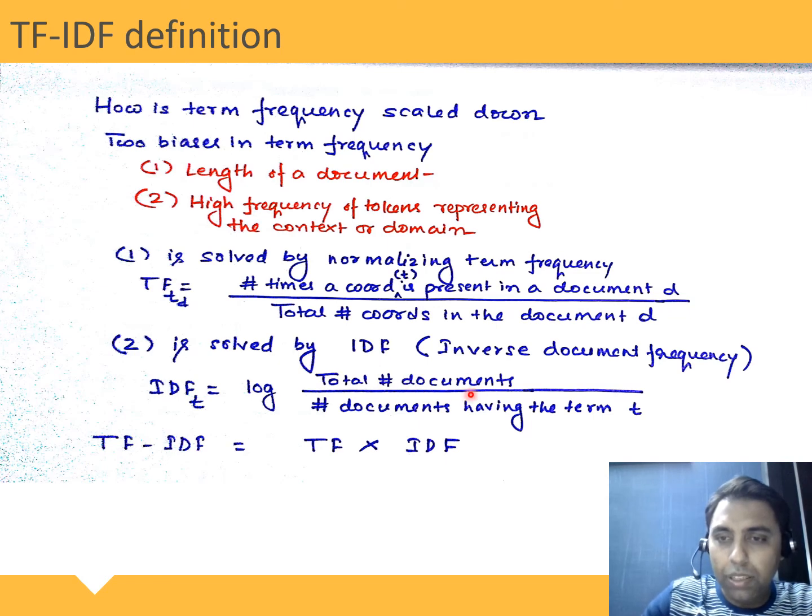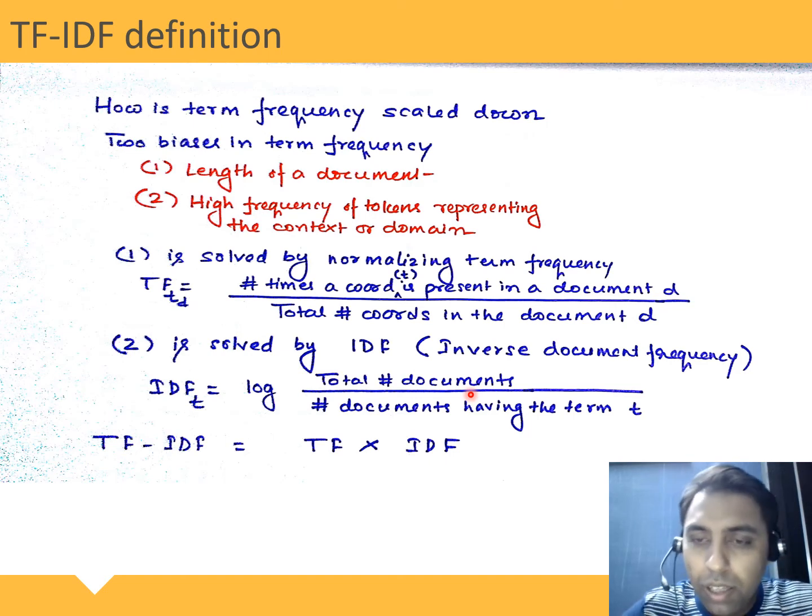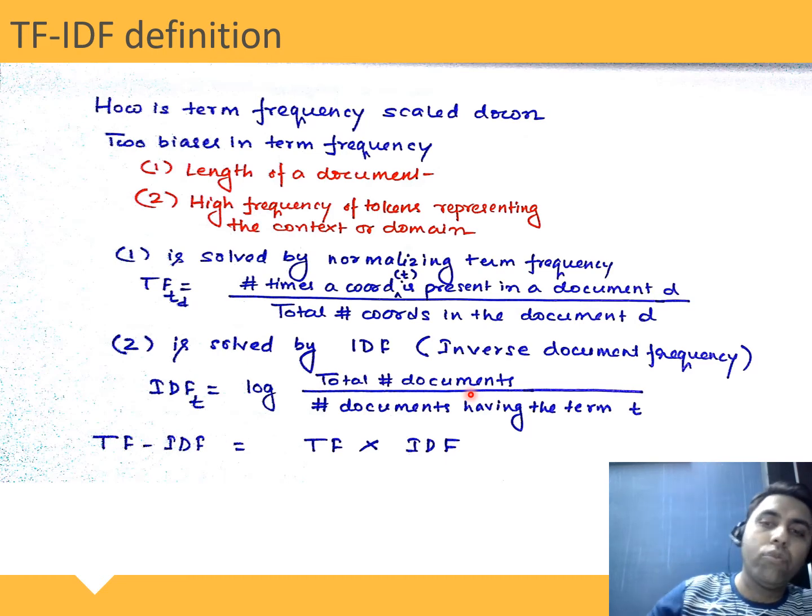So you're basically, for a given term, finding the number of documents where that term is present, and then dividing that by the total number of documents. So you're essentially calculating the proportion of documents in your entire data where that particular word is present.